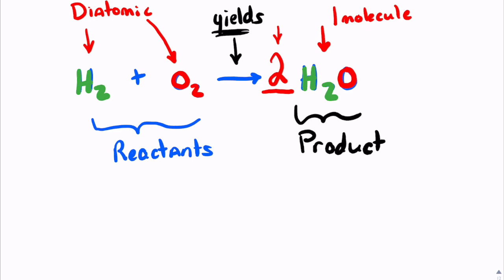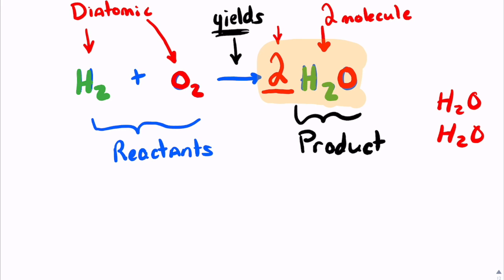So instead of using one molecule, I have 2 molecules. It's a little easier to put the coefficient in front like that. And putting the 2 in front simply means that you have 2 water molecules.